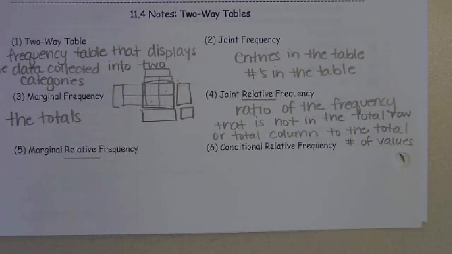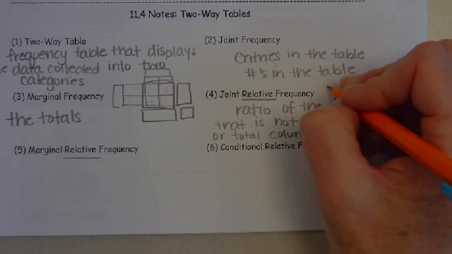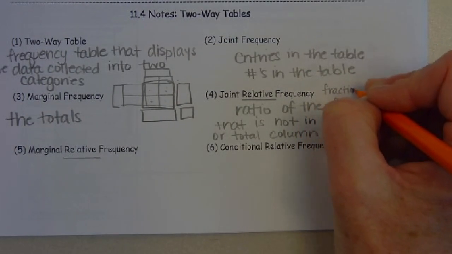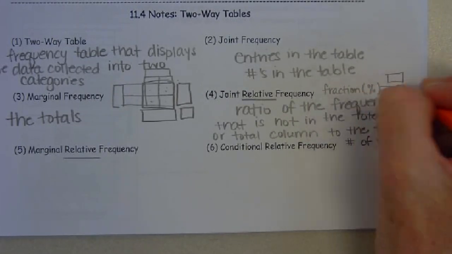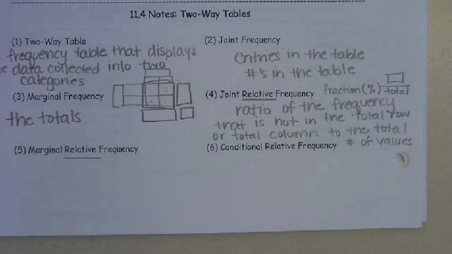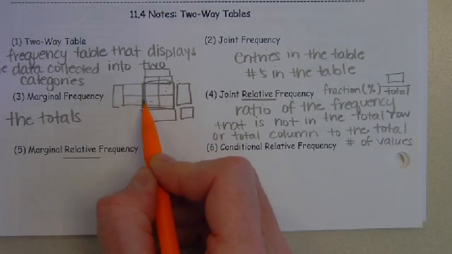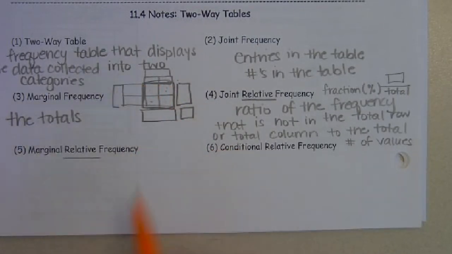The real definition in words is it's your fraction or percent of the value over the total value in each of the inside numbers. And I'll explain what that looks like coming up.